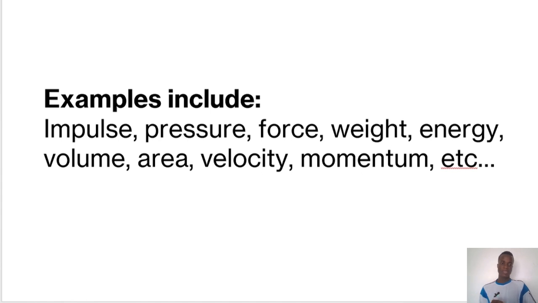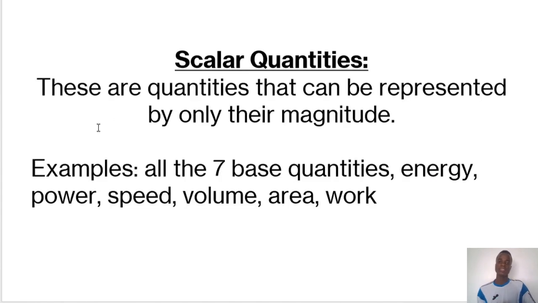That category, we mentioned scalar quantities. Scalar quantity is not a derived quantity. They are not focusing on derived quantity. Derived quantities and base quantities are the very fundamental classification. But there is this group that is focusing on the value. So scalar quantities are quantities that can be represented by only their magnitude.